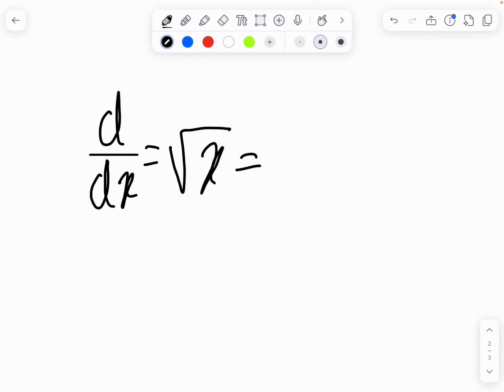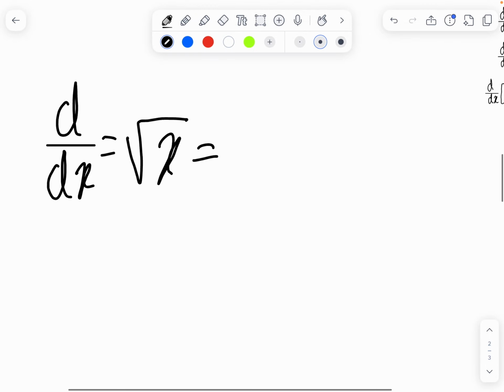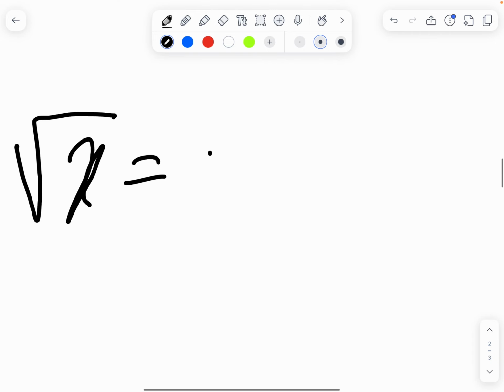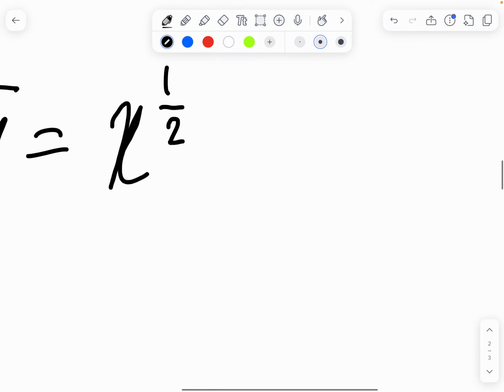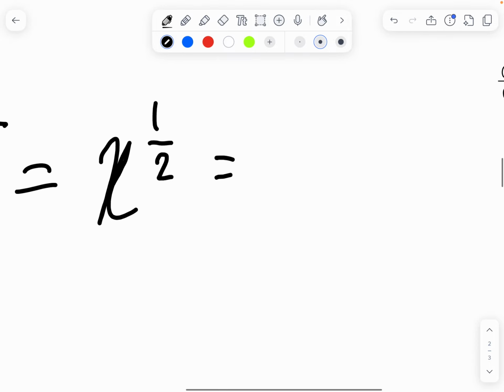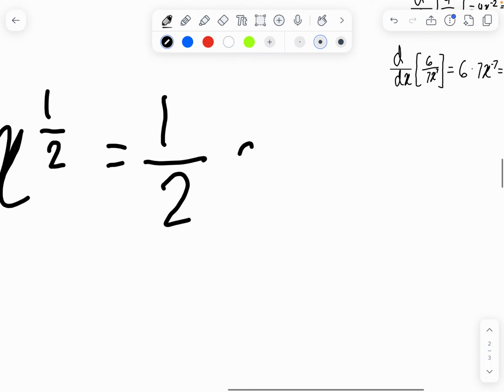Well, this is just going to be equaling x to the power of 1/2. So this equals 1/2 times x to the power of 1/2 minus 1.